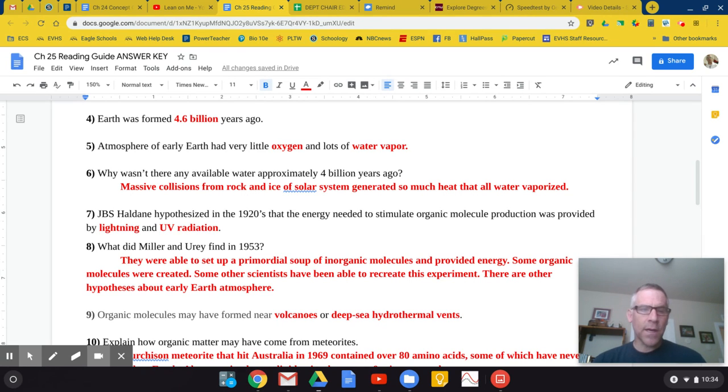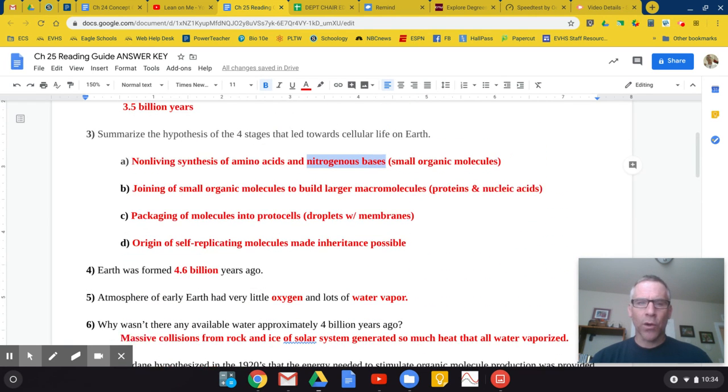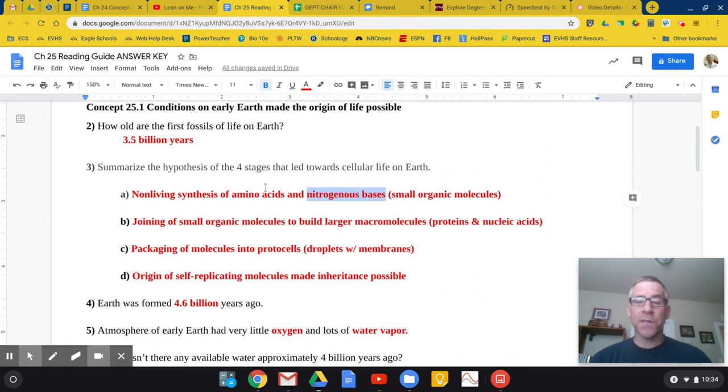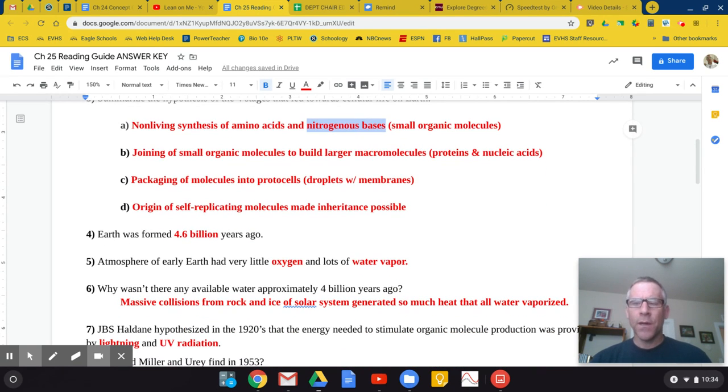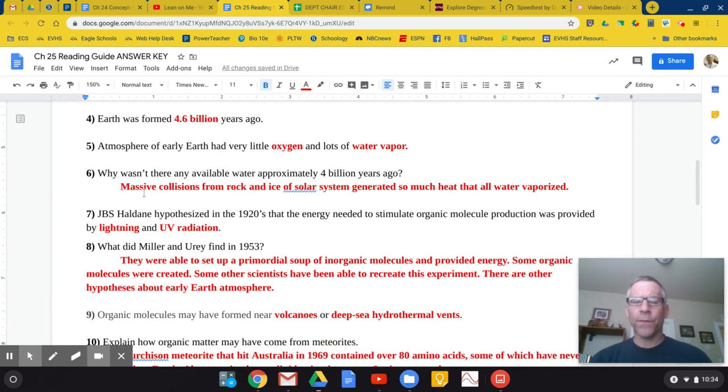As we look at question 7, scientist J.B.S. Haldane in the 1920s hypothesized about the energy needed to build these molecules, thinking back to our early stages of synthesis of amino acids. Remember, to synthesize things, there has to be energy to anabolically build molecules. So where's that energy come from?